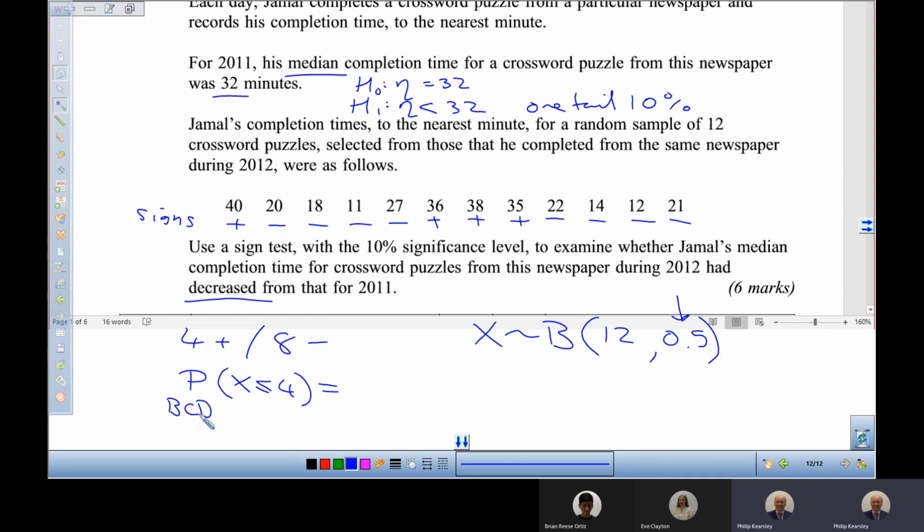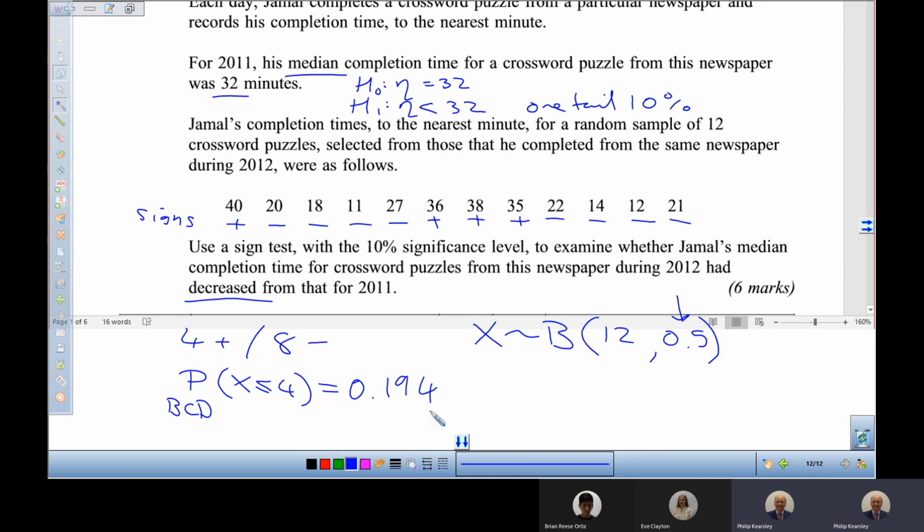How big are we talking? 0.2? 0.19. 0.194. Okay? The probability of a 4-8 split, or worse, the reason why I say or worse is because you're allowing the 3-9, you're allowing the 2-10, you're allowing the 1-11, you're allowing the 0-12. All those latter descriptions are less likely.